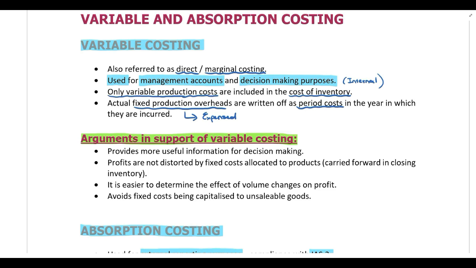The first one is it provides more useful information for decision making. Please remember that variable costing is used for internal decision making purposes. So it's important that we have the information in a format that can be easily used for decision making purposes.